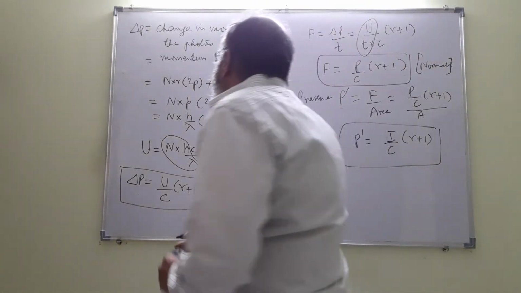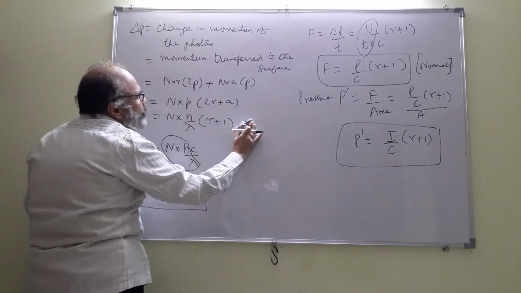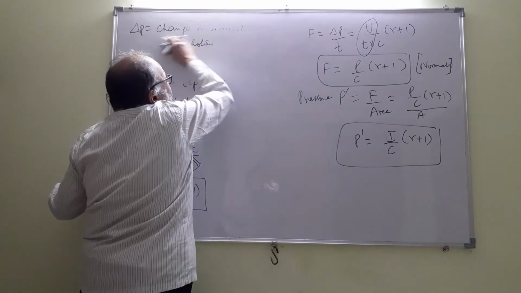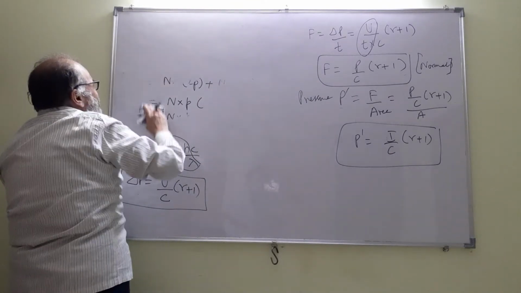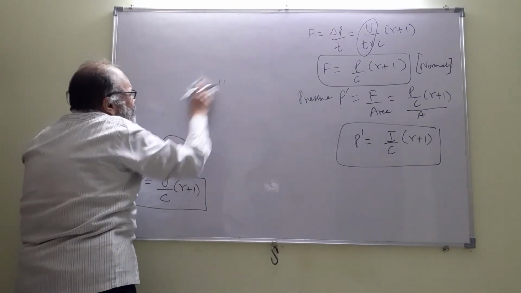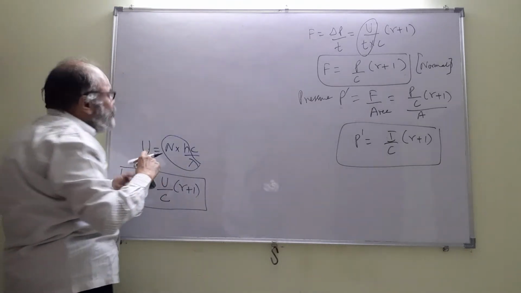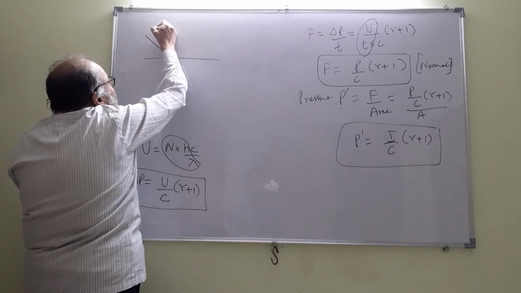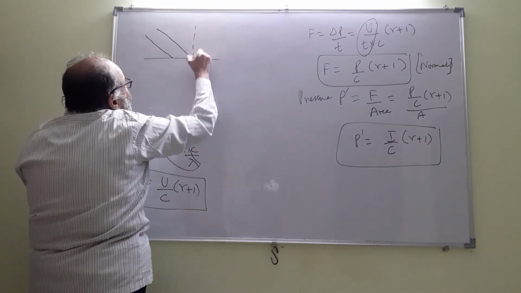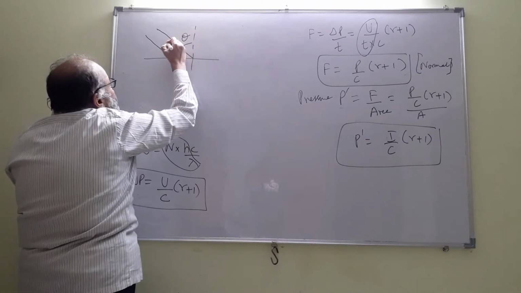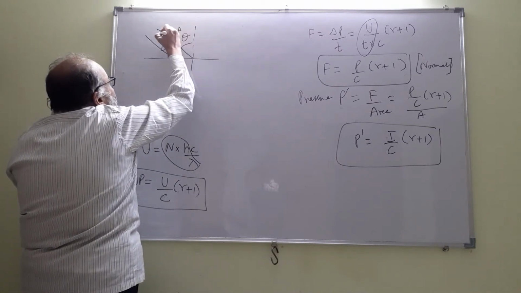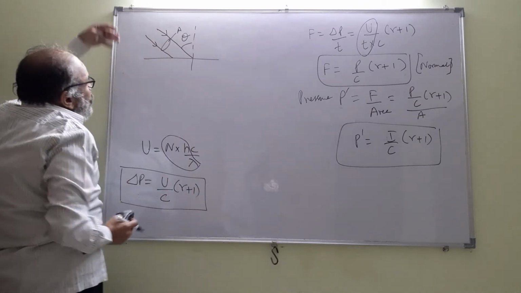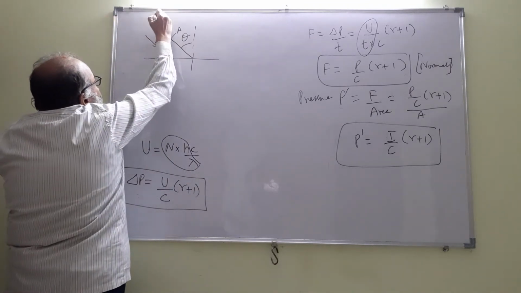Now let us take oblique incidence. If we take an oblique incidence, the energy, power and intensity will not change. The expressions will not change. Let us take a surface here and let us say you have an oblique incidence. This area is still A and this is incident like this. So there are again n photons.